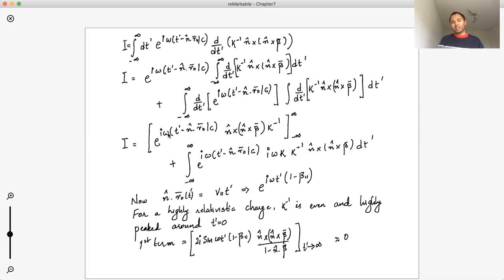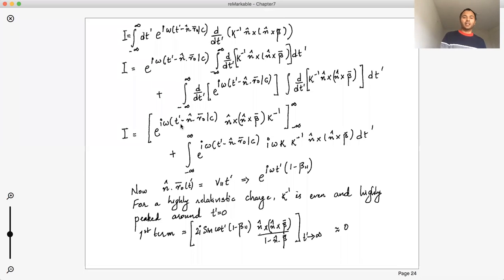So if I basically write this out as t prime going from some value, call it alpha, let's say, so it'll just go from minus alpha to alpha, and then take the limit as alpha goes to infinity, right? So that's what I'm doing. So let's look at the terms here. So t prime minus n dot r naught by c is basically going to be of the order of the parallel velocity times t prime, right?